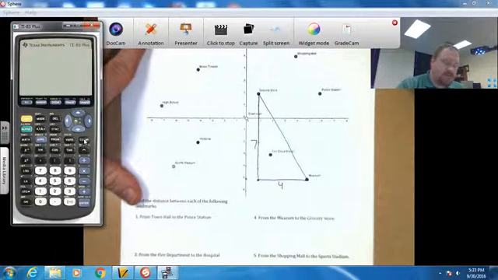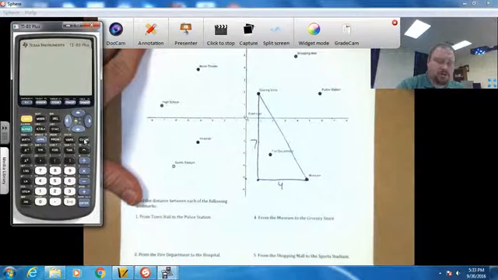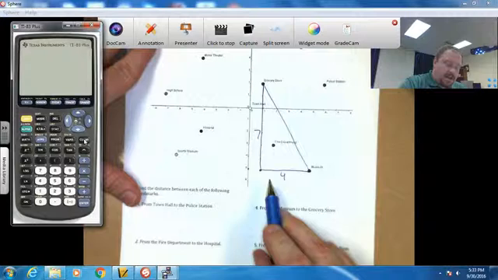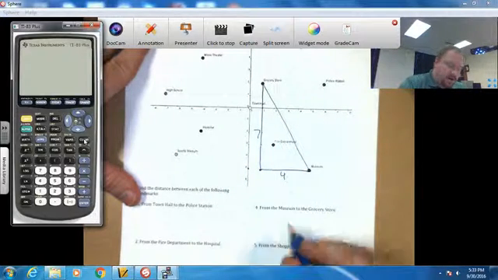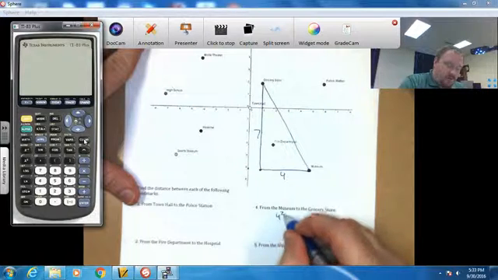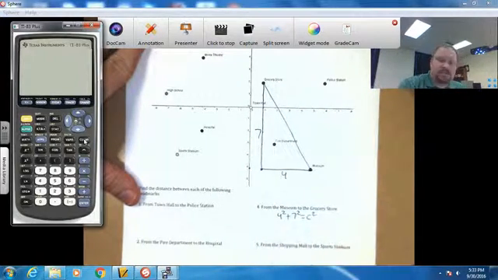So, time to use the Pythagorean theorem to find out how far it is from the museum to the grocery store. So, a squared plus b squared equals c squared. So, 4 squared plus 7 squared equals c squared.